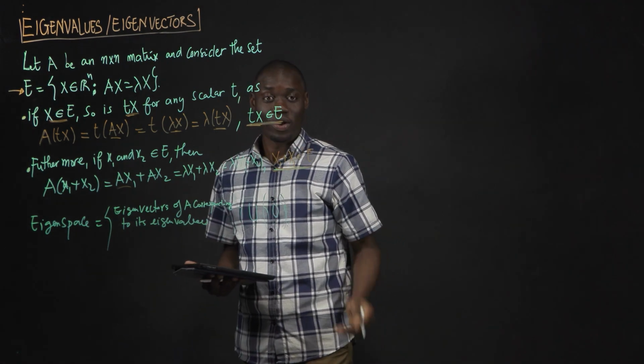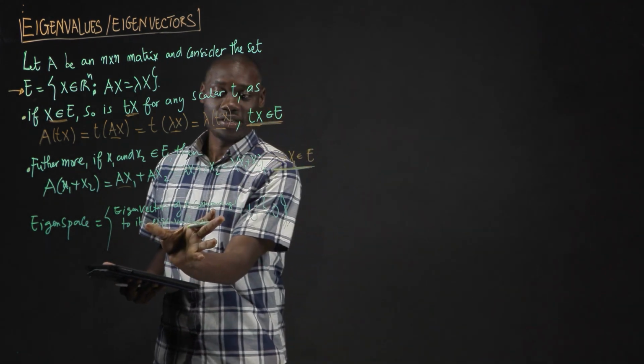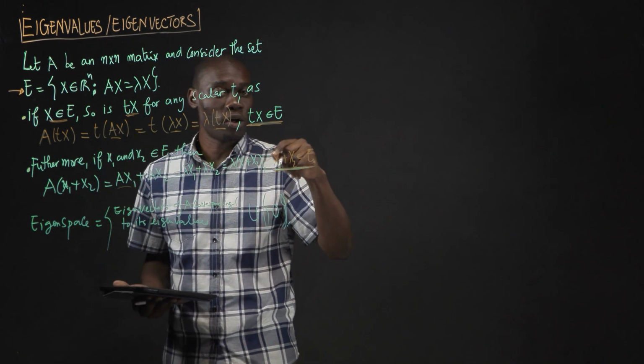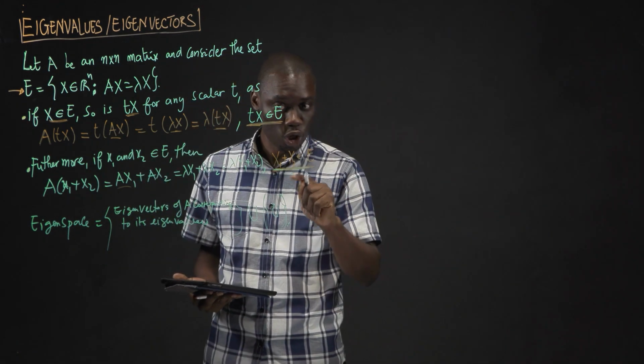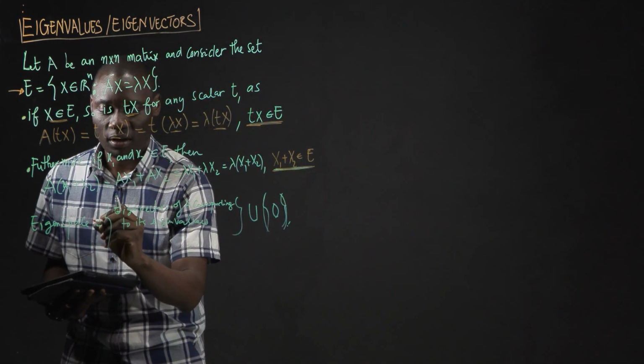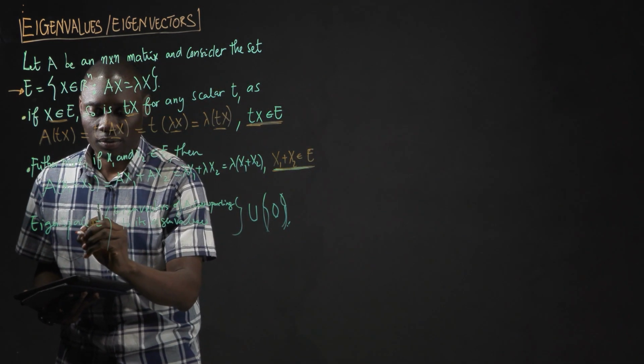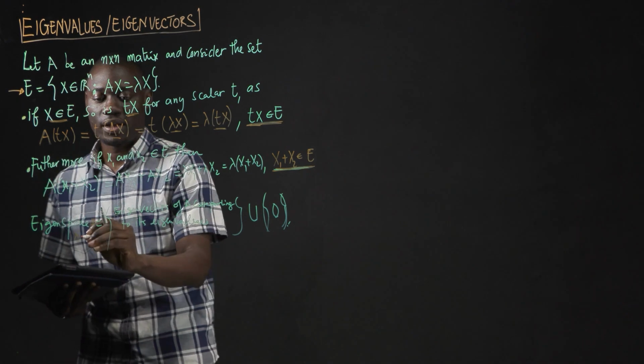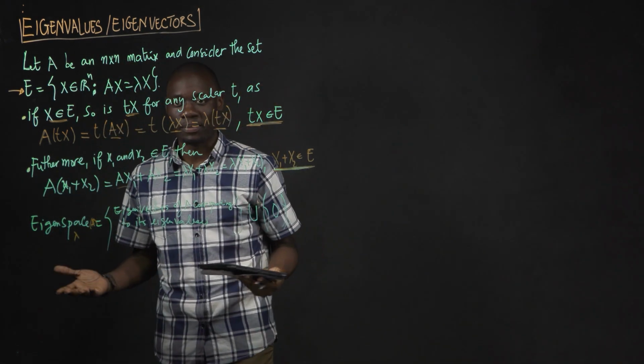Okay, so we want to make this differentiation so that you should be aware of the fact that the eigenvector should be non-zero. So this then will be an eigenspace of matrix A with respect to the eigenvalue lambda.